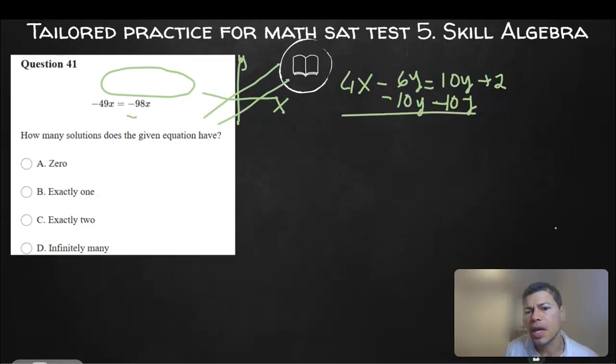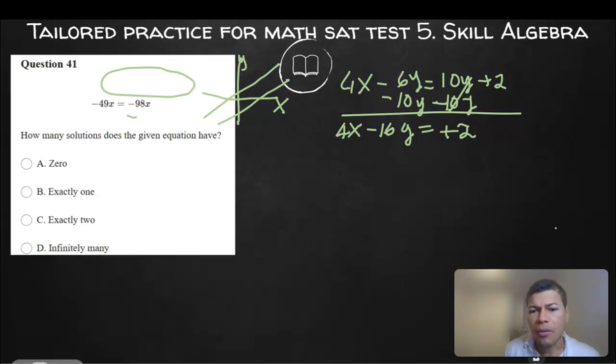That leaves me with 4x, because I'm not subtracting the x. Negative 6 minus 10 is negative 16y. On the other side, the positive 10y and negative 10y cancel each other out, and I have plus 2.